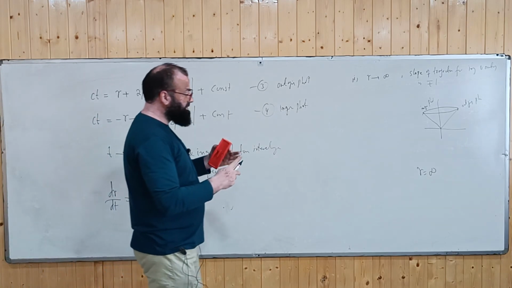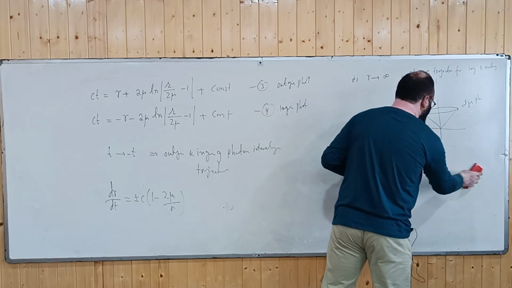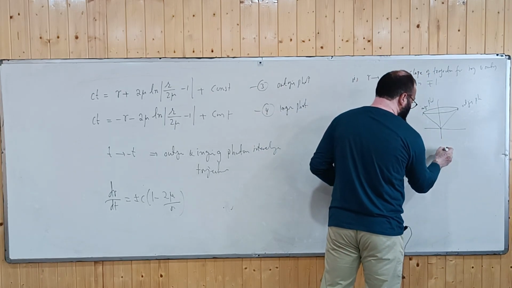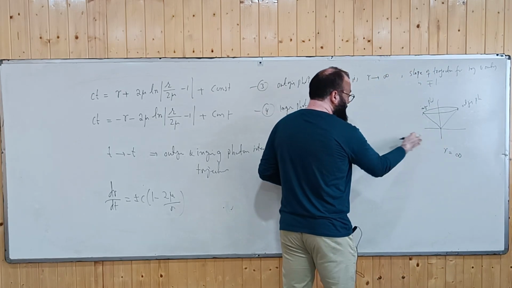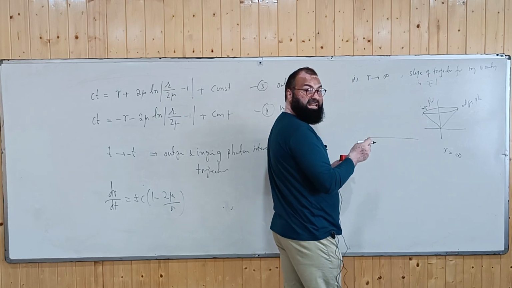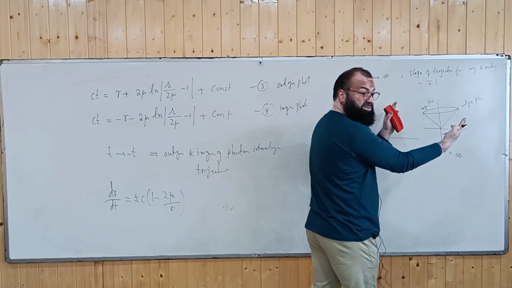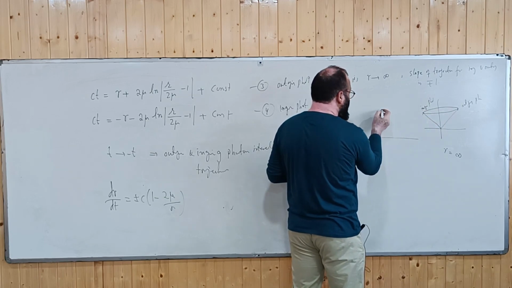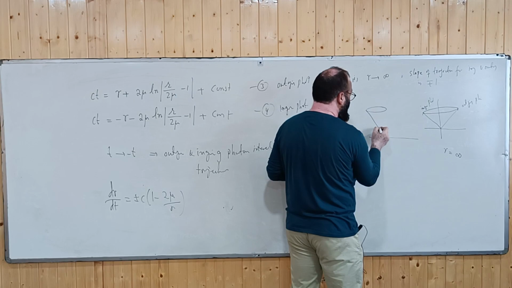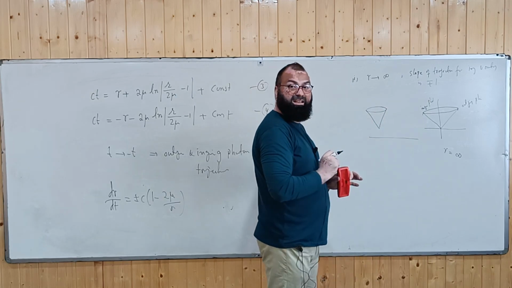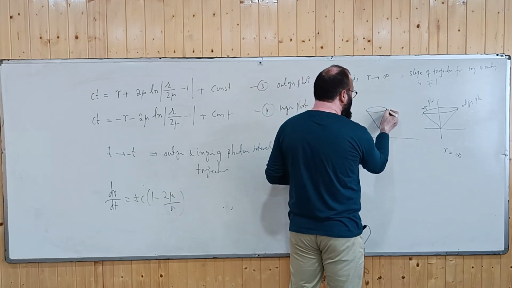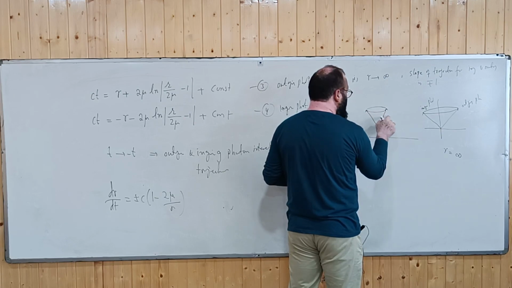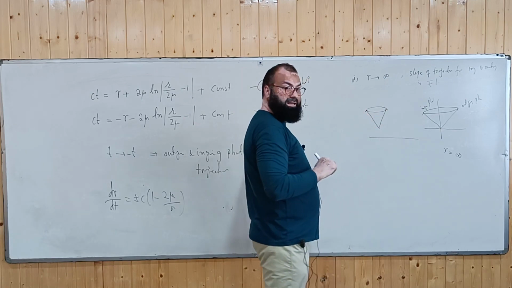So let me put it this way. This is r equal to infinity. When you move towards finite r, what will happen to this light cone? It will shrink, is it? It will be like this. Clear? These are the outgoing and ingoing photons.